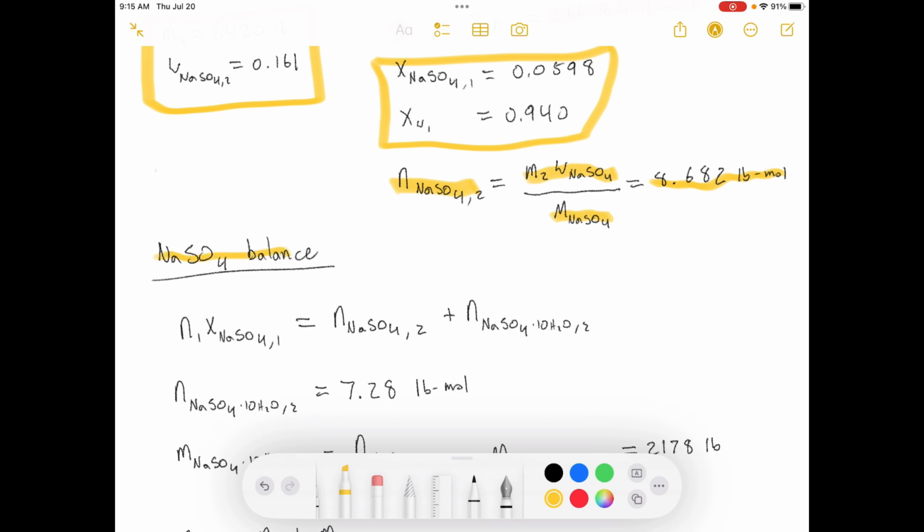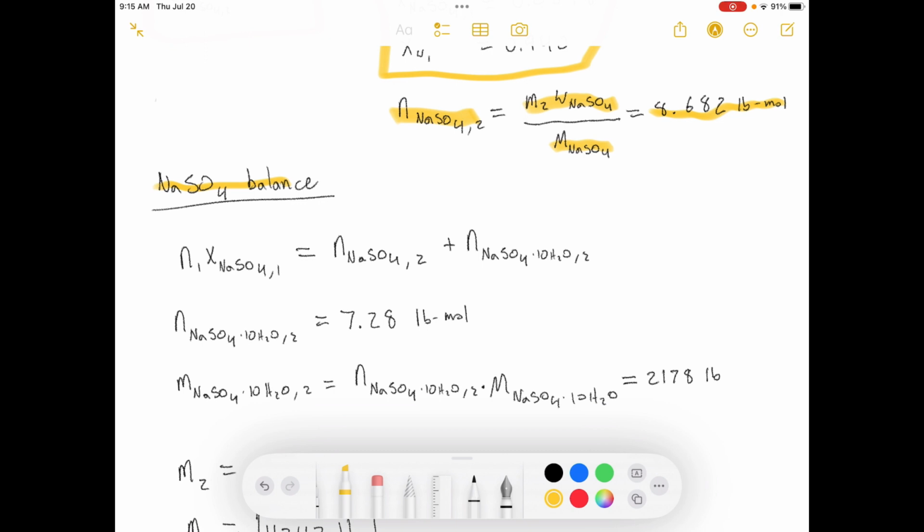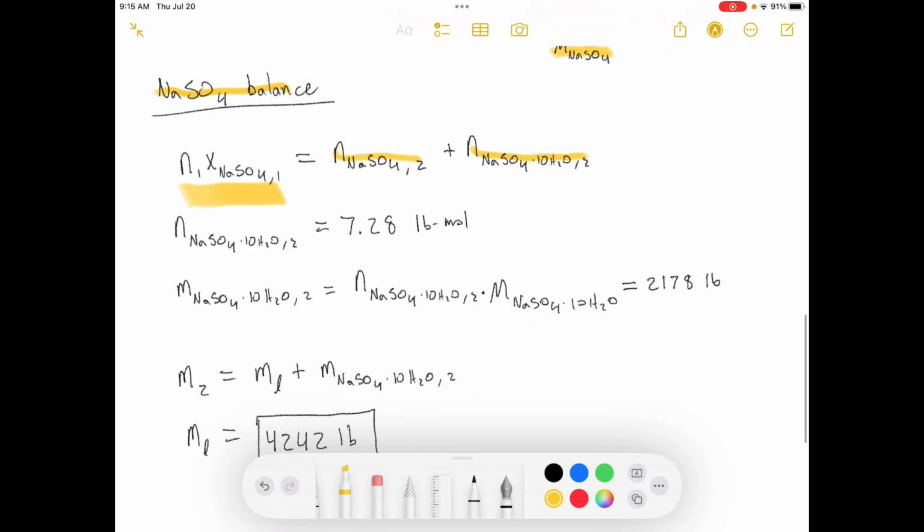Let's do the sodium sulfate balance in moles. We have this much sodium sulfate going in, and we have how much going out. We have a certain amount going out in stream 2 still as sodium sulfate, but some of the sodium sulfate also went over to make sodium sulfate 10 water. So that much was consumed as well.